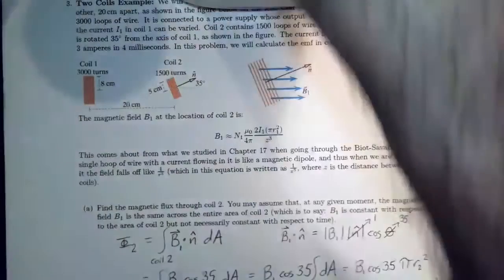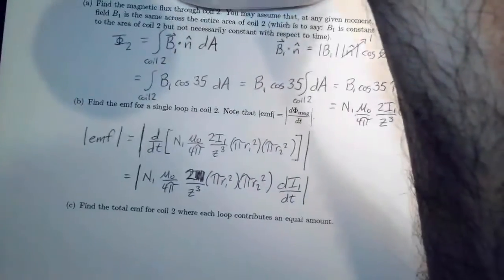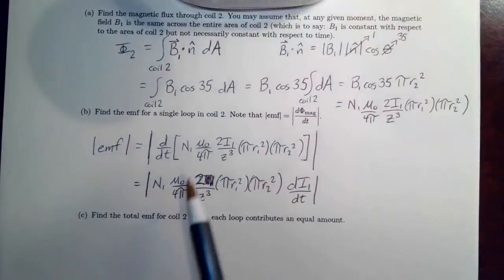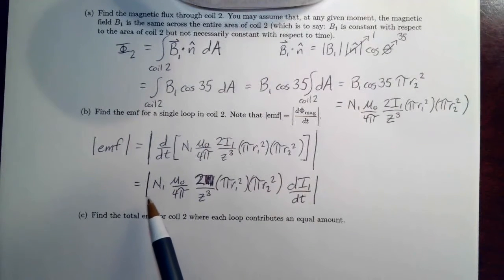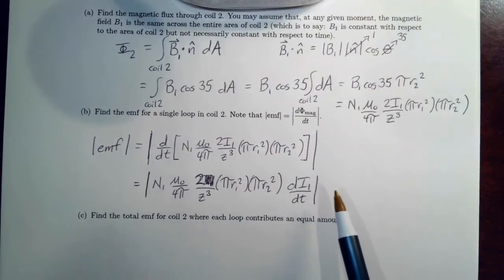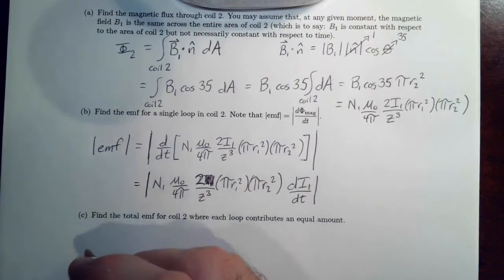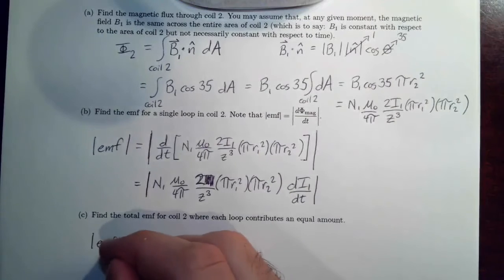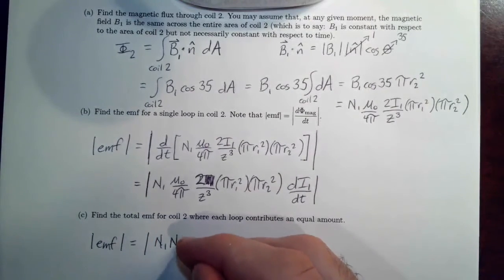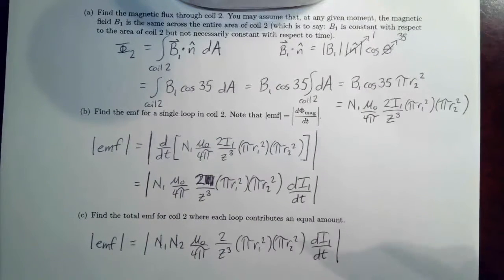So if this is the induced EMF for one loop, what is the induced EMF for 1,500 loops? Well, I need to multiply this quantity by N2 as well. So EMF is going to equal N1 times N2 times all the rest.